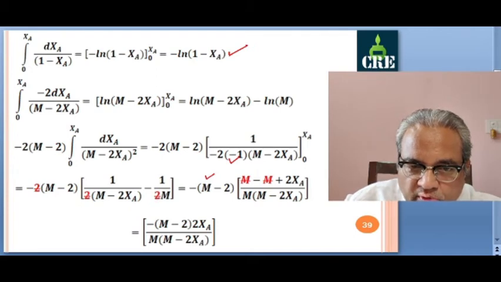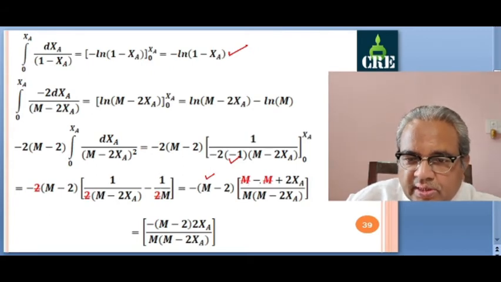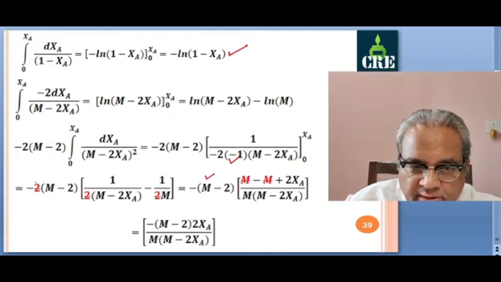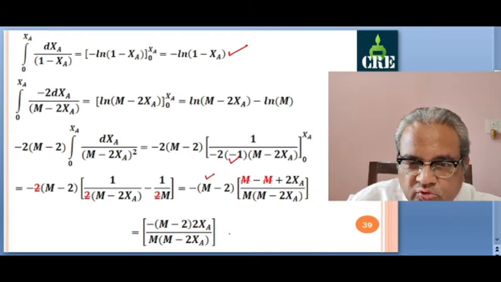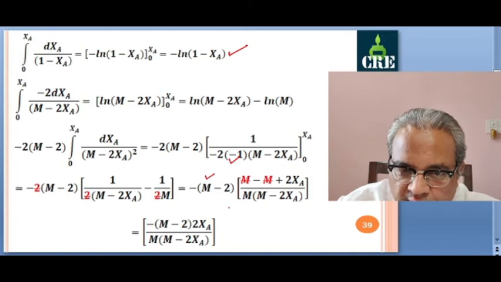This 2 has gone, cancelled with this term after taking out common from the bracket. So if you solve this, in the denominator you have m into m minus 2xa, in the numerator m minus m plus 2xa, m cancels out, so we get plus 2xa here. So minus m minus 2 into bracket multiplied by 2xa divided by m into m minus 2xa is the solution of the third term in the integral.